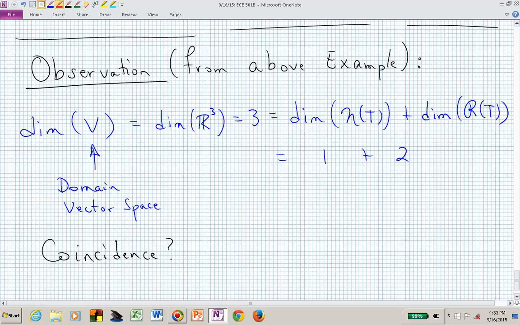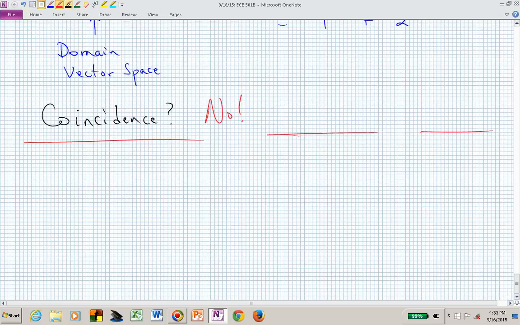How did that happen? It's not a coincidence. It's actually a consequence of linear maps. And in fact, if it's a consequence, it must be a theorem.